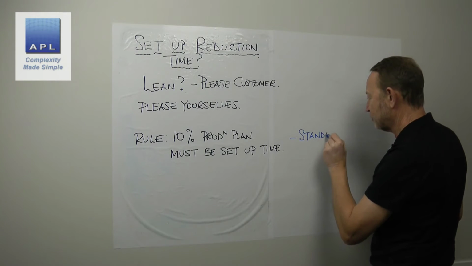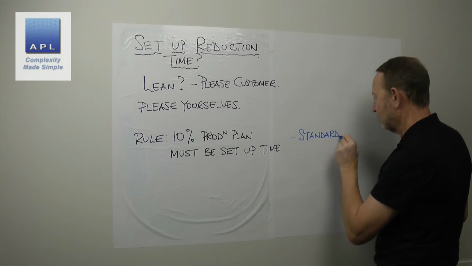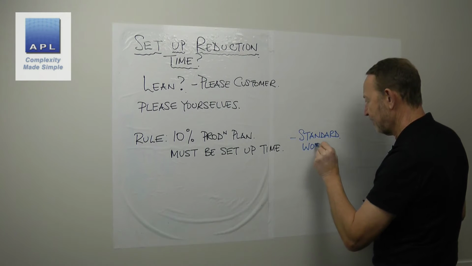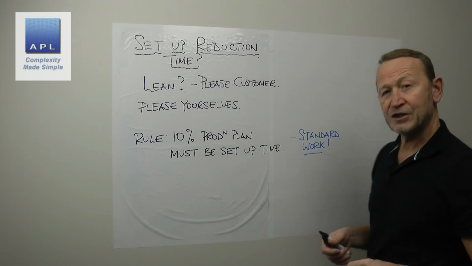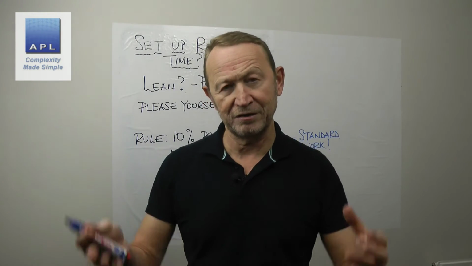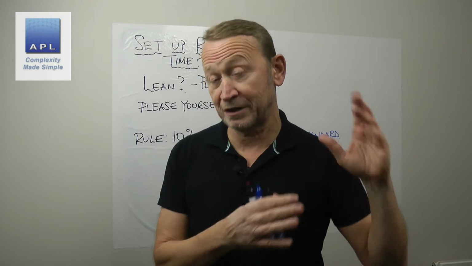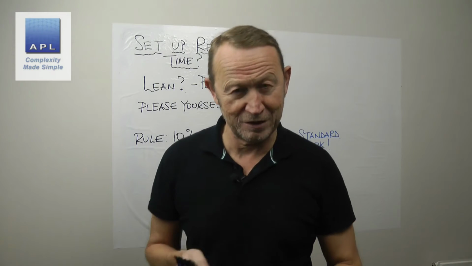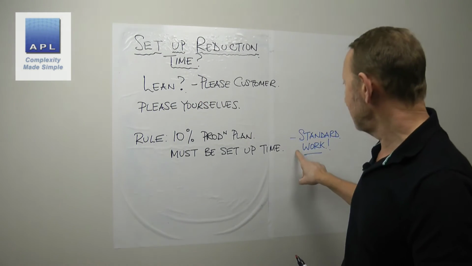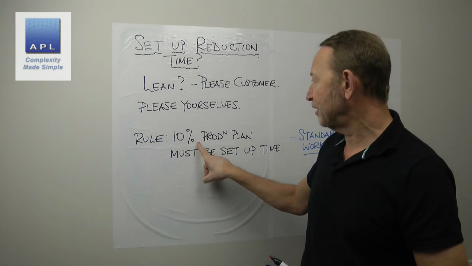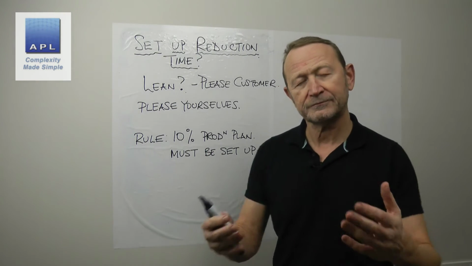They have standard work. They have standard work for everyone. This isn't about standard work for the operator who's building something. This is supposed to be a skilled activity, the planner. But they're taking all the skill away and saying, no, you've got standard work and here's the rule.